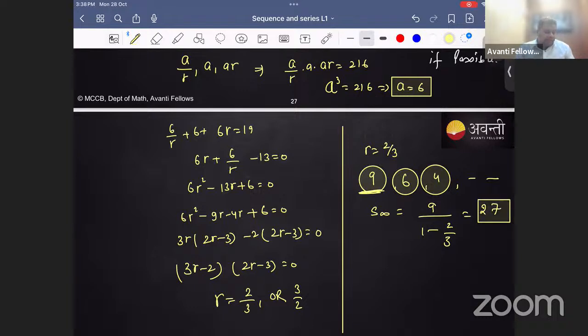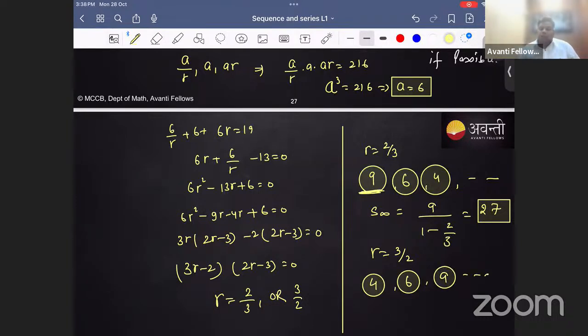Am I correct? Now, if R is 3 by 2, the series will be like this: the first term will be A upon R. A was 6, so 6 upon 3 by 2, so 4. The second will be 6. The third will be AR, 9, and so on.